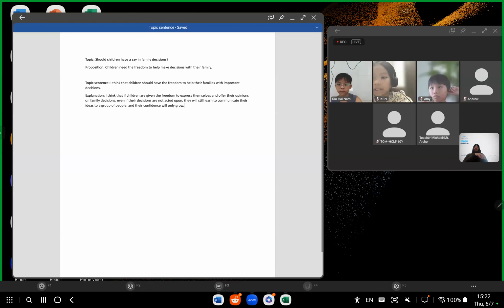And then I've added in here, even if the family doesn't agree with the decision, I've still put a positive outcome. So they will still learn to communicate their ideas to a group of people. And then I've put a consequence of that. Their confidence can only grow.